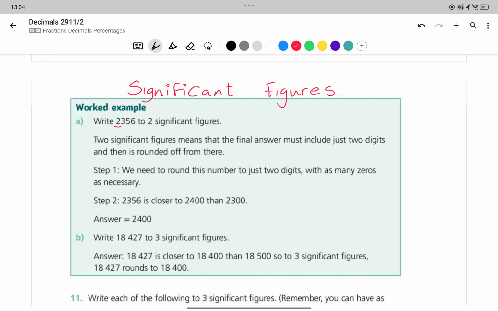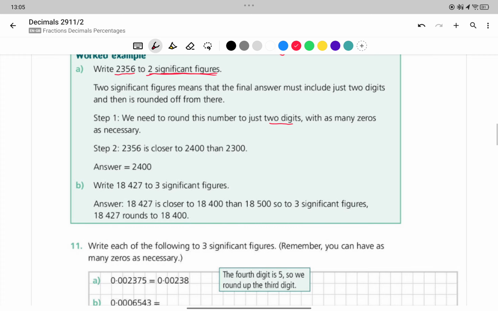So write this big number to 2 significant figures. 2 significant figures means the final answer must include 2 digits and then is rounded off from there. And you will see examples of this now. Step 1, we need to round the number so it's just 2 digits because it said 2 significant figures, and as many zeros as necessary.